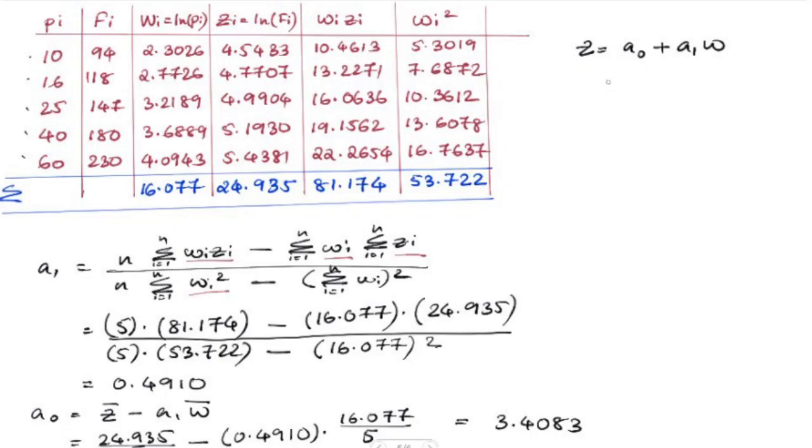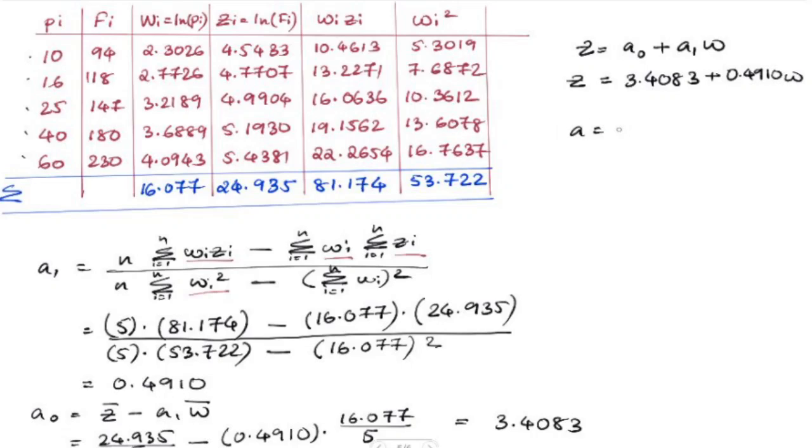So we have A0 is 3.4083 plus A1, that is 0.4910 times w. So that's the linear expression, but that's not what we want to come to. That's not our final answer, right? So we need to find out the values of a and b constants.